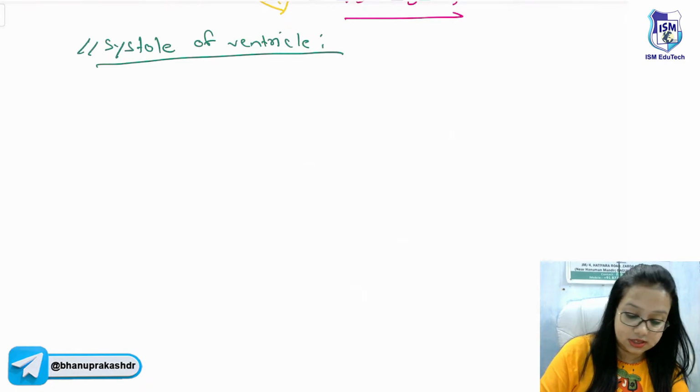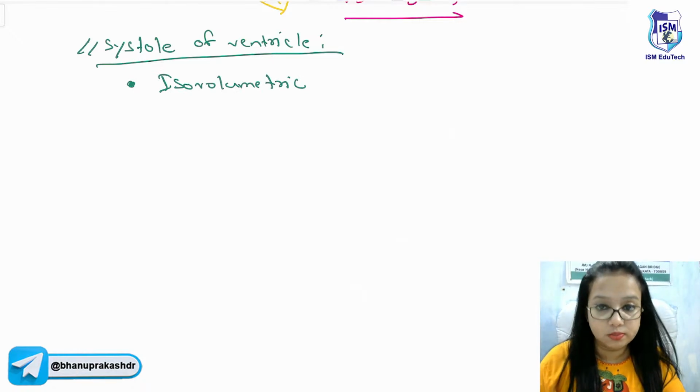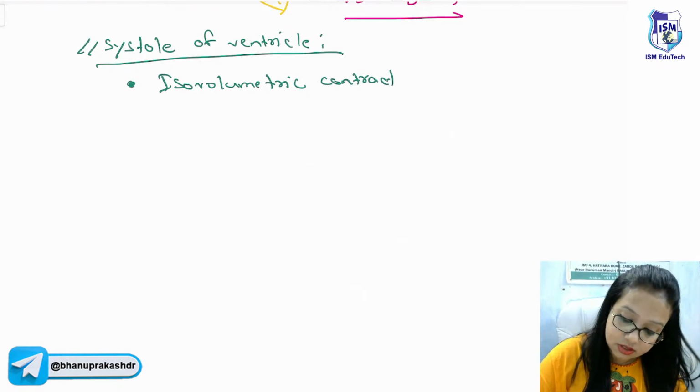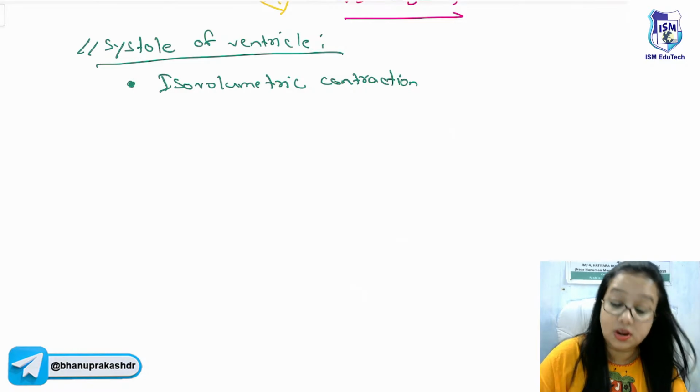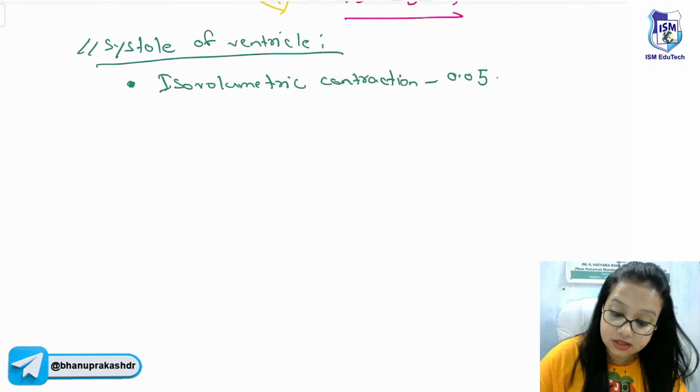The first stage that happens in the systole is isovolumetric. It is also called isovolumic. It means all the same volume contraction. Now, this isovolumetric or isovolumic contraction lasts about 0.05 second.